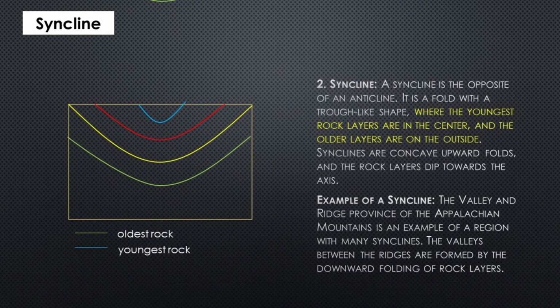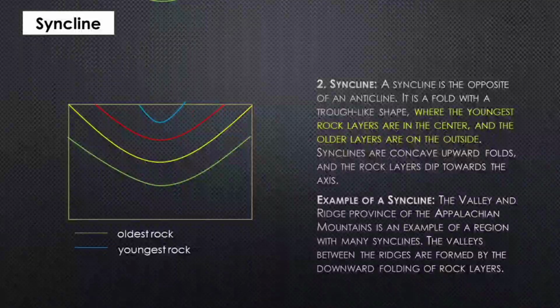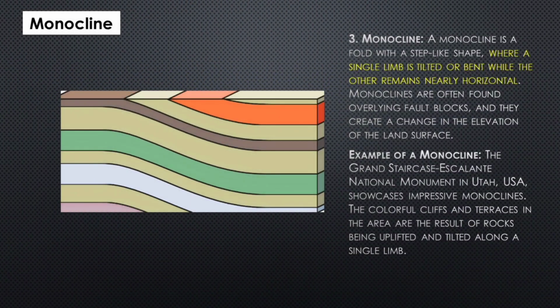Synclines are concave upwards folds, convex downwards, and rock layers dip towards the axis. Example, with the same Appalachian Mountains, the valleys between the ridges are formed by the downward folding of the rock layers.